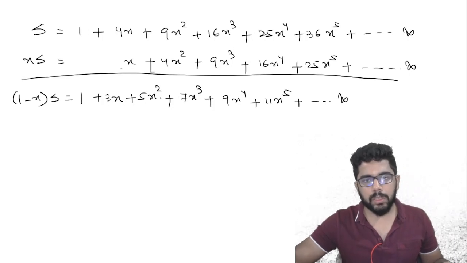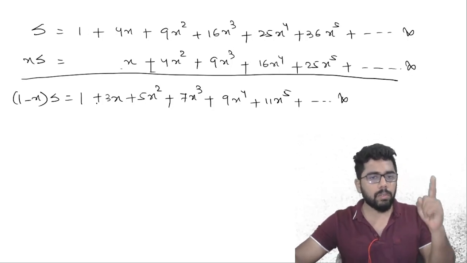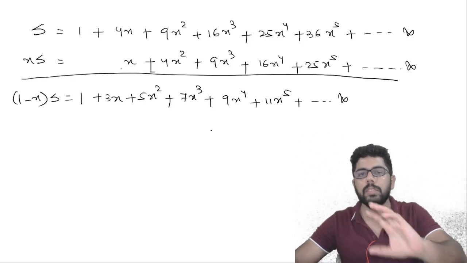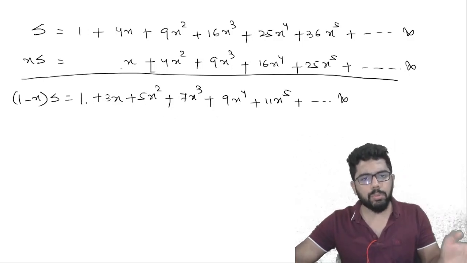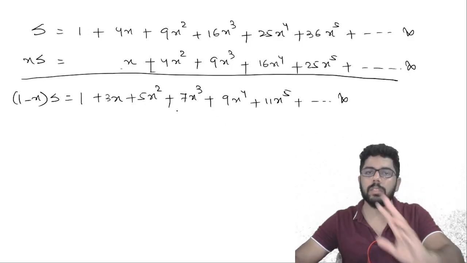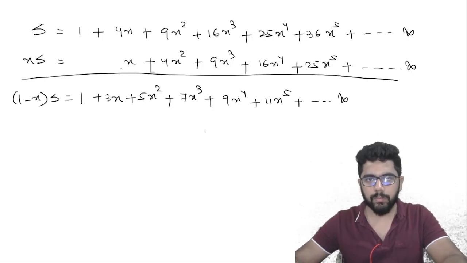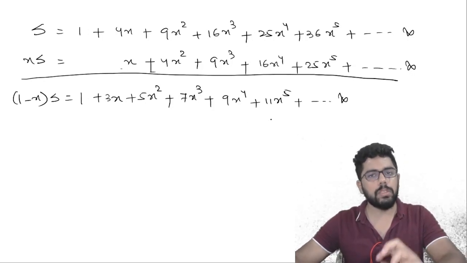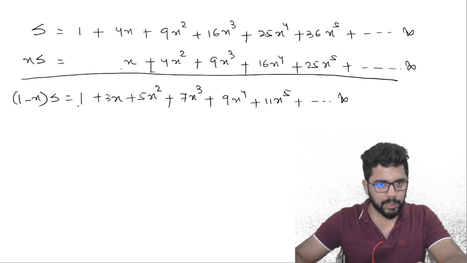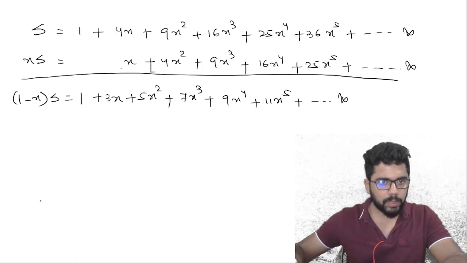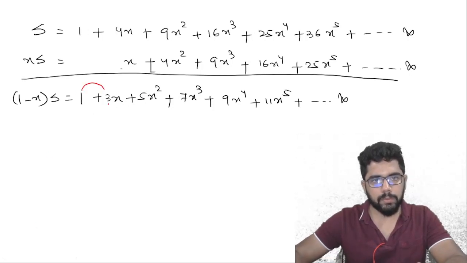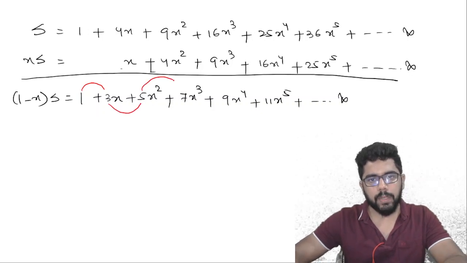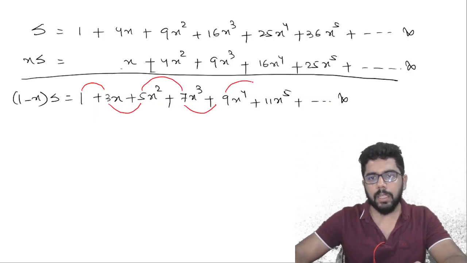Now I can say 1, 3, 5, 7, 9, 11 is in arithmetic progression, and x to the power 0, x to the power 1, x square, x cube is in geometric progression. But still there is no formula to solve this directly. But I can see that if I take 1, 3, 5, 7, 9, 11, there's a constant difference of 2.